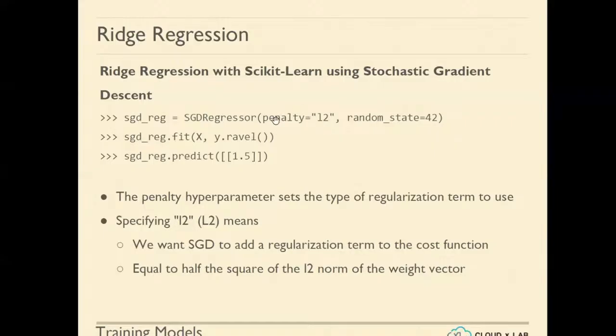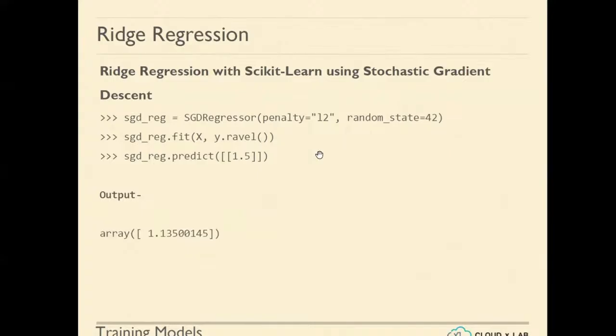If you want to use L2 regularization, you will write here penalty is equal to L2, right? So in case of L1 regularization, we will write here L1, right? In case of L2 regularization, we will write here penalty is equal to L2. And the same for prediction, we will use the dot predict method, right?